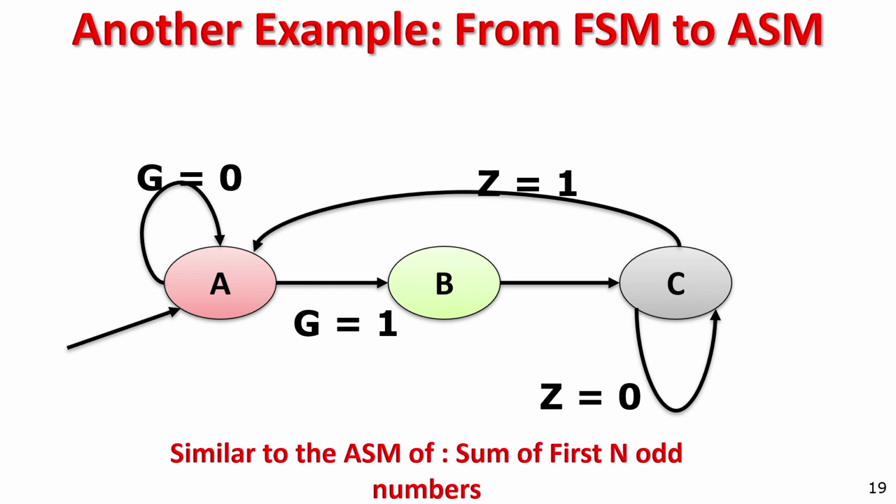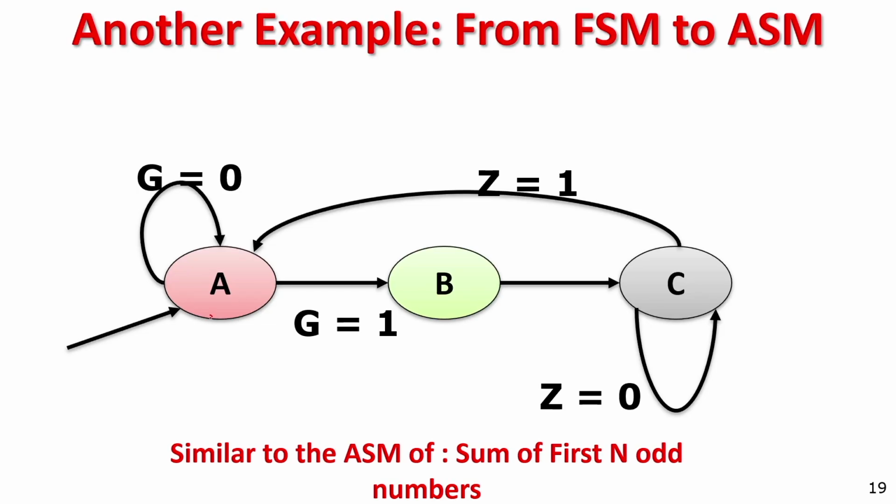So, let us design the FSM for this, similar to the ASM for the sum of the first n odd numbers. Initially when go is equal to 0, we want to design a circuit such that once the go signal is given, only then it should start the computations, otherwise it will be in idle.